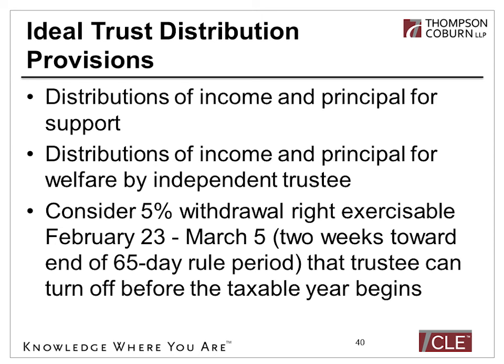And we also may consider adding a 5% withdrawal right that's exercisable towards the end of the 65-day rule that the trustee could turn off. So if the beneficiary, for example, had creditor issues, as Steve was talking about, the trustee could actually turn off this power. So it's a great way to give flexibility in terms of making distributions out to the beneficiary.